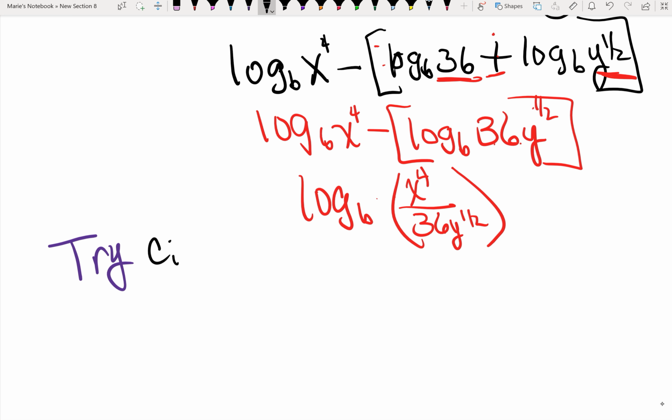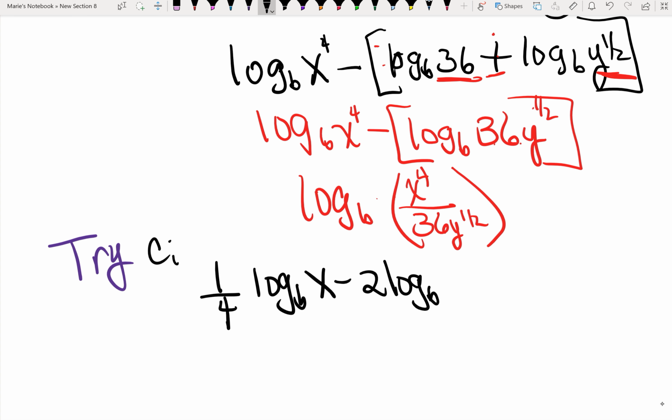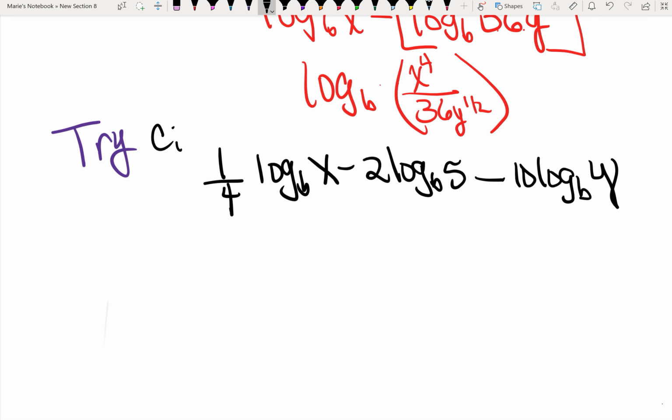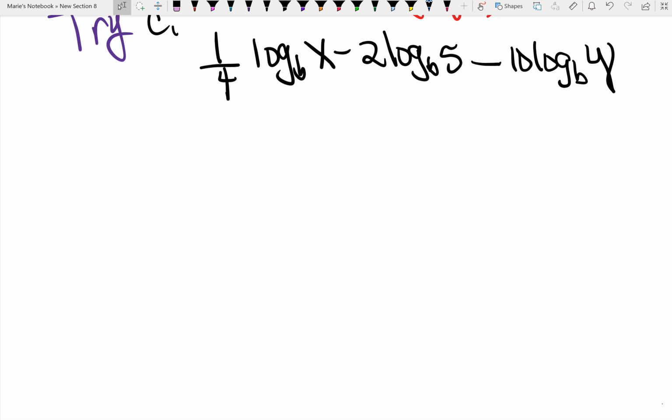And C1 says I have 1/4 log base b of x minus 2 log base b of 5 minus 10 log base b of y. Okay, so I'll give you a minute and change to finish that.